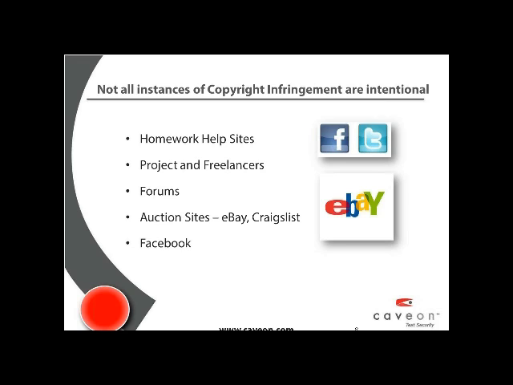So here are some examples of types of sites that may unintentionally have your actual exam material. Homework help sites, project and freelance sites where people will go out and offer projects and help to get things accomplished for you. Discussion forums, auction sites, eBay, Craigslist, things like that, as well as all the social media networks, Facebook, Twitter, Reddit, the list goes on and on.